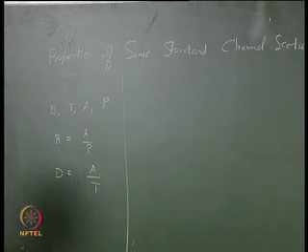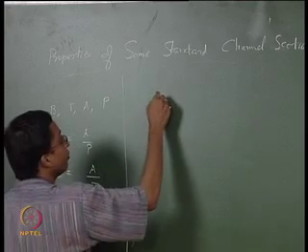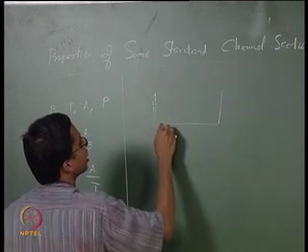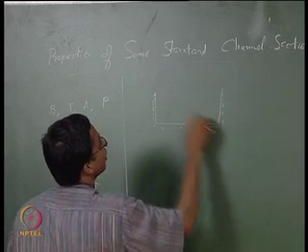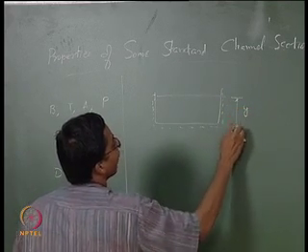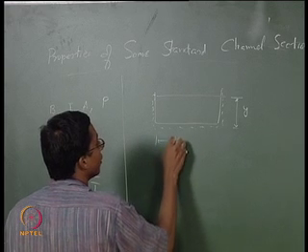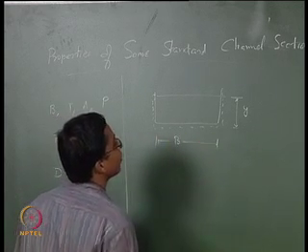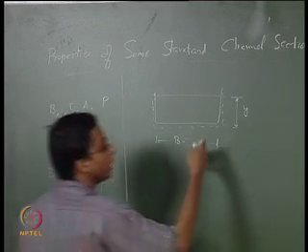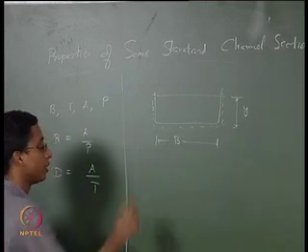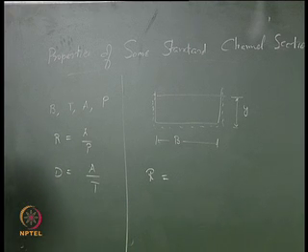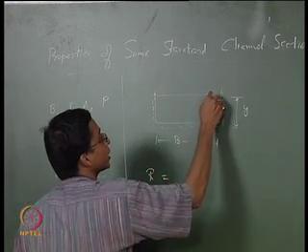A question I would like to pose to you is that if there is a rectangular cross sectional channel, say depth of flow is y and width of the channel is b, what could be the hydraulic radius for such a rectangular cross sectional channel?